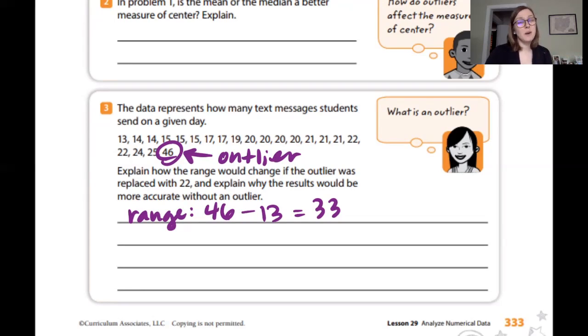But that's not really where most of the data is. Really, most of it is between 25 and 13. It's just that one, 46, that's way further away. So the range, when you have an outlier, can be kind of misleading. We're not going to change the range, but just know that the range is going to be affected by that outlier as well.